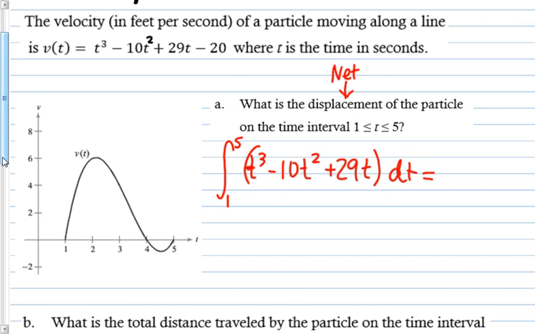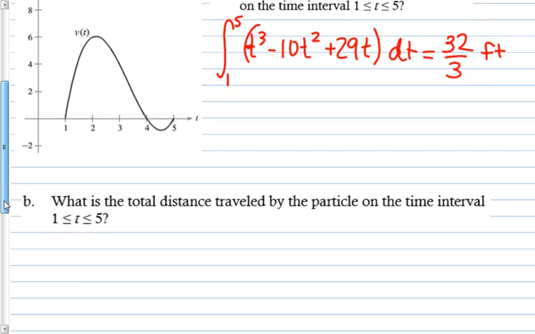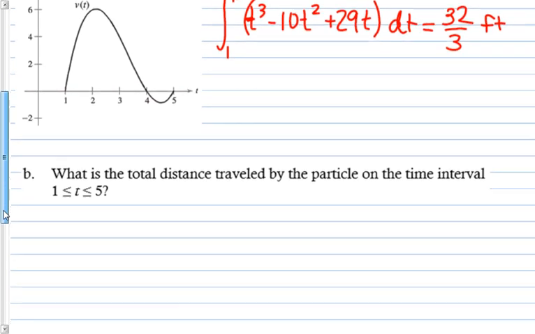To speed things along, you can plug this into your calculator, math number 9, and plug in the stuff, and you essentially get 32 divided by 3, and that's feet. Of course, you can get a decimal. So that is the displacement of the particle. From 1 to 5, it was displaced 32 thirds feet.